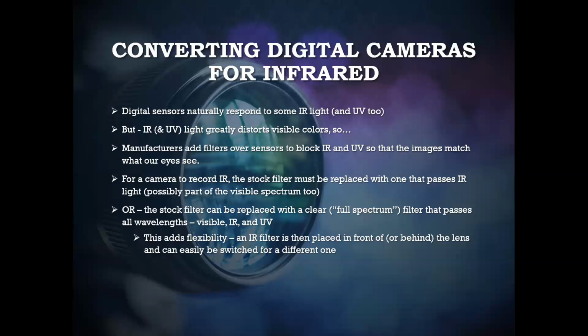Adding a filter, of course, puts another piece of glass in the light path, so that can have negative effects on your image quality. I haven't had much trouble with that myself so far, but it is a potential factor. Actually, I have one filter that doesn't work well with wide angle lenses because it's just not high enough quality glass, basically.